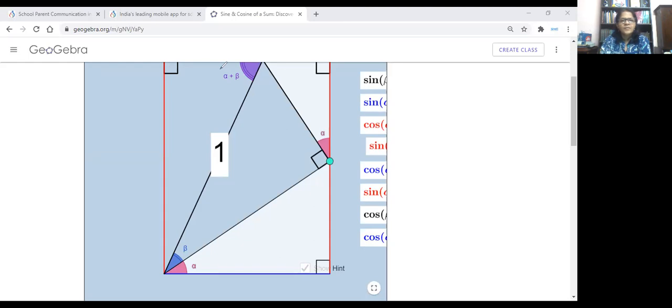Okay, so here I'm using one of the very popular GeoGebra plates. Through that I will tell you how to do it. I've considered here a rectangle, which is inbuilt in the GeoGebra plate in fact.